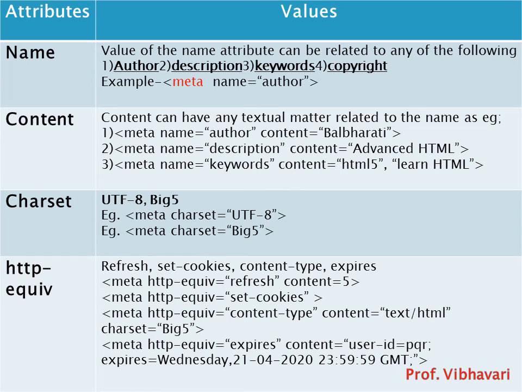When you set the meta http-equiv to content type, it gives the content equal to text/html, and along with that the charset is set to Big5. It means this file is HTML text, but it is in the form of Chinese alphabet.